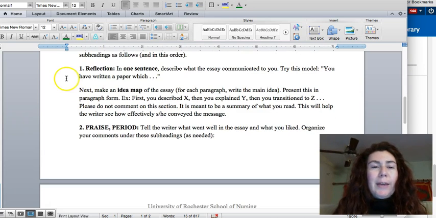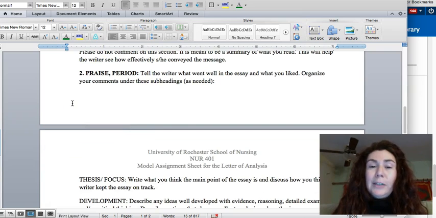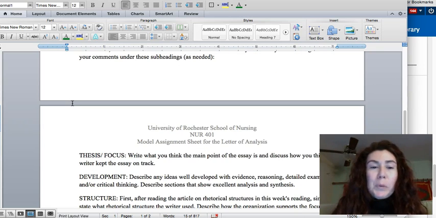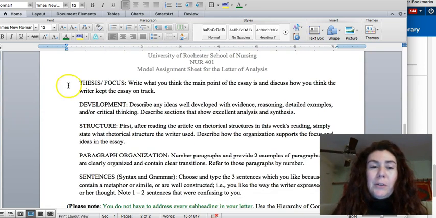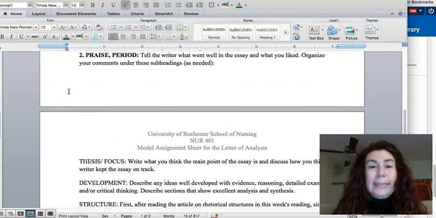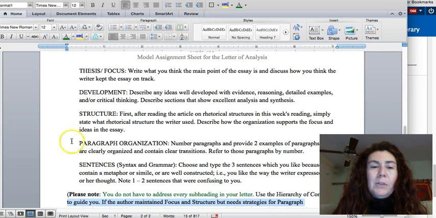Okay, so after you've done that reflection portion, you're going to move on to the praise section. And again, positive feedback's really important. Tell the writer what you liked, what worked well, and do it under each one of the 5 categories of the hierarchy of concerns as needed. Because again, you might not be dealing with certain levels on the bottom yet.